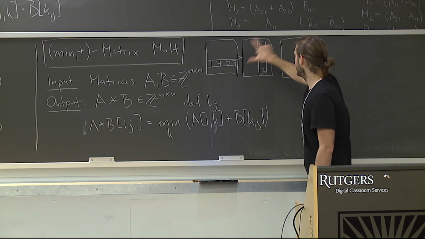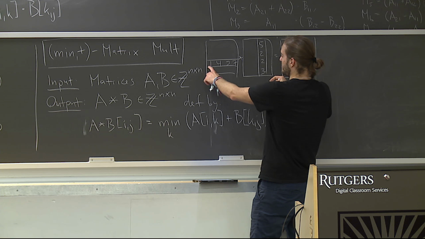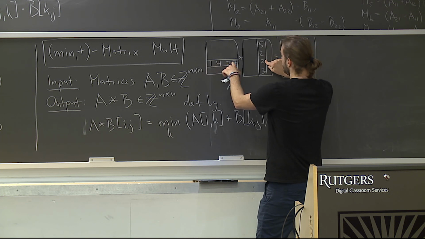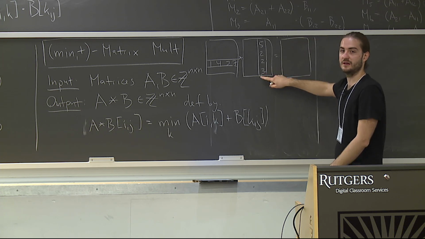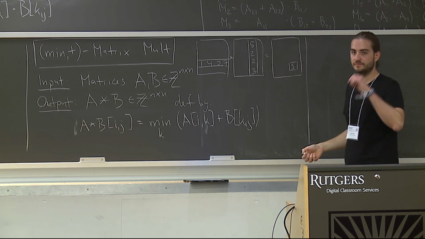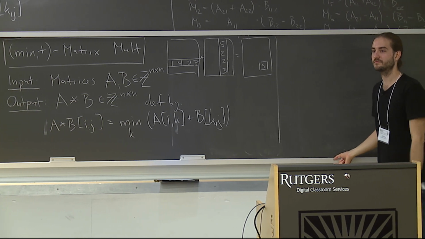Right, and their min plus inner product would be the minimum of all numbers: 1 plus 5, which is 6, 4 plus 2, which is 6, 3 plus 2, which is 5, and 7 plus 3, which is 10. So it would be 5. Okay? Good.